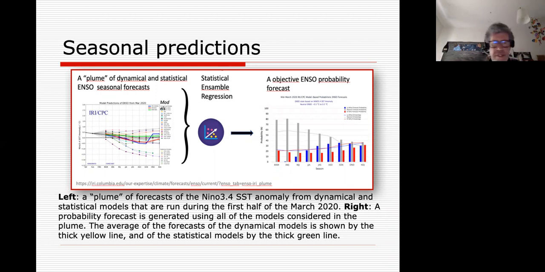At the end of the story, you can have a number of different models, more than 20, and then you put these models together and you do a careful statistical ensemble regression in order to estimate the probability forecast generated using all the models considered in the plume.